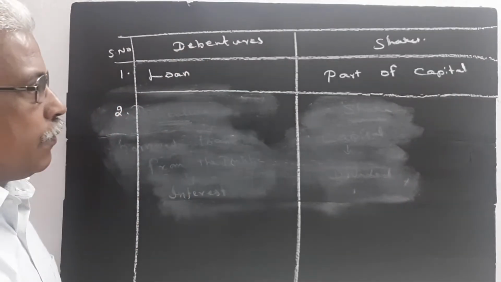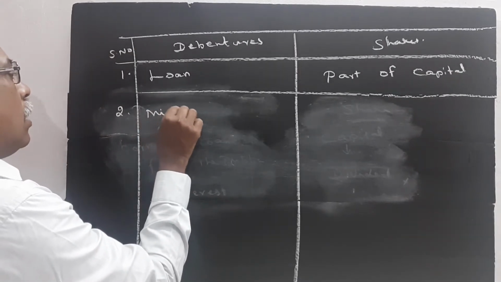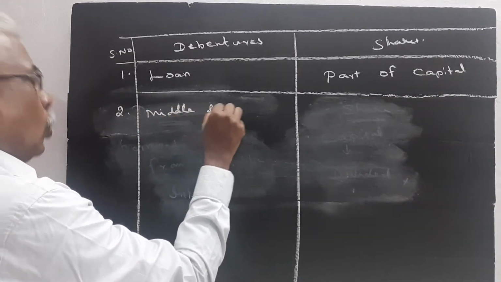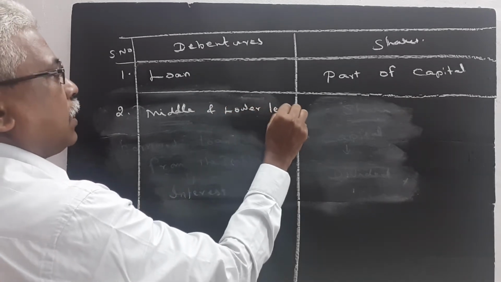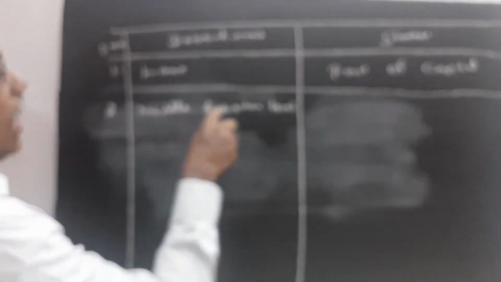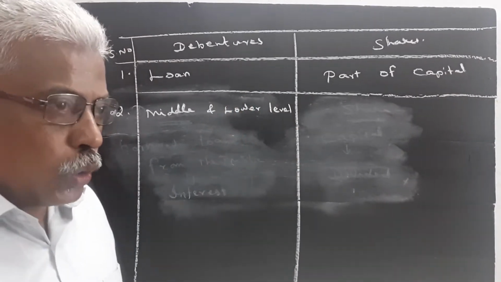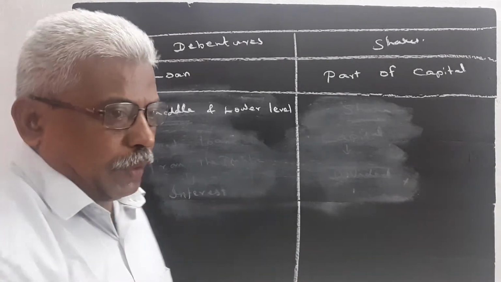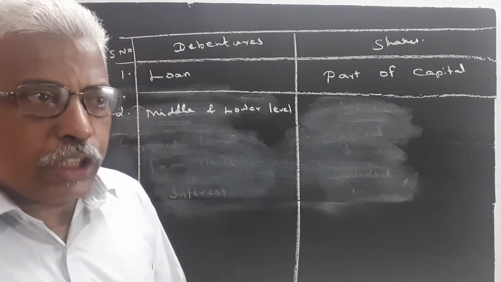Share debenture is handled by the middle and lower level. The debenture holders are not able to come to the management of a company. The board of directors are elected by the shareholders only.